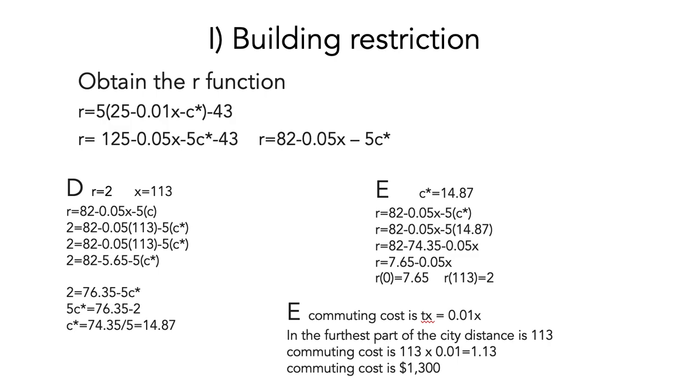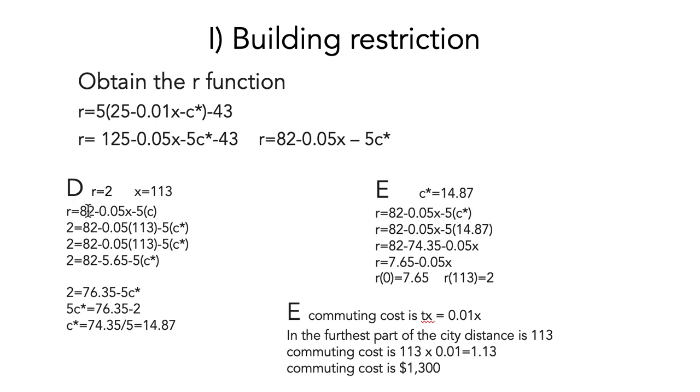What we are aiming for is to obtain the land rent function, a function that tells you how much rent you obtain from different distances. And in order to do that, we obtained right here above the function R equals 82 minus 0.05x minus 5 C star. We got C star equals 14.87. And now what we can do is plug C star into the function and see how the rent varies with different distances.